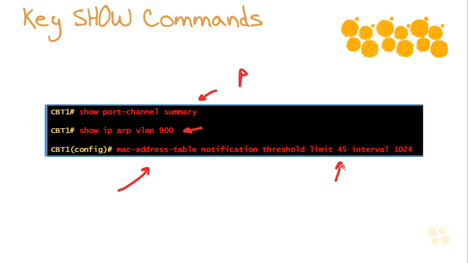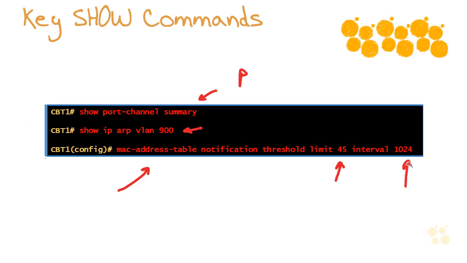You are specifying, look, I want to know when my MAC address table, when those number of MAC addresses hits about that 45% full threshold, and this is the interval on which I want you throwing the particular message. That way, you can control being overwhelmed by the message itself, by that notification itself.